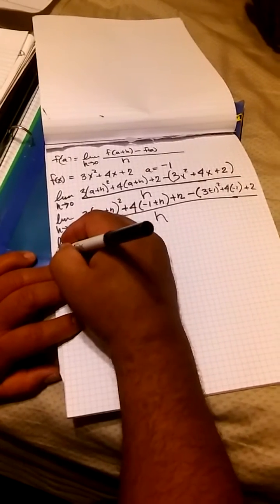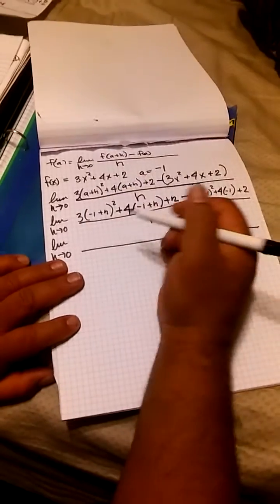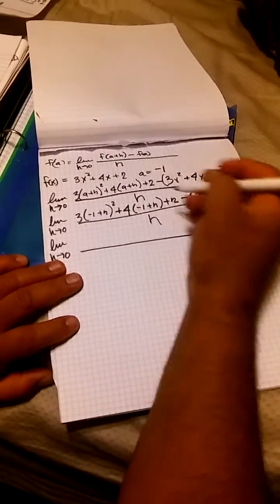So as limit as h approaches 0, what we do is distribute and do the math.